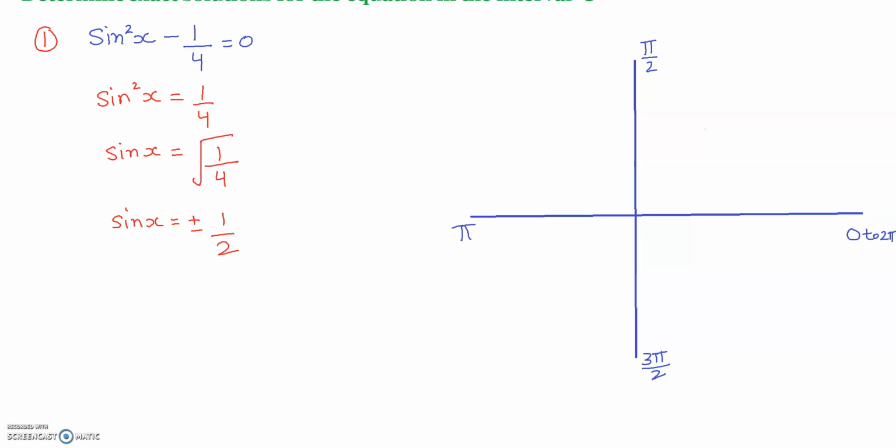We know from special triangles that sine pi over 6 is equal to 1 over 2. The reason is because of special triangles.